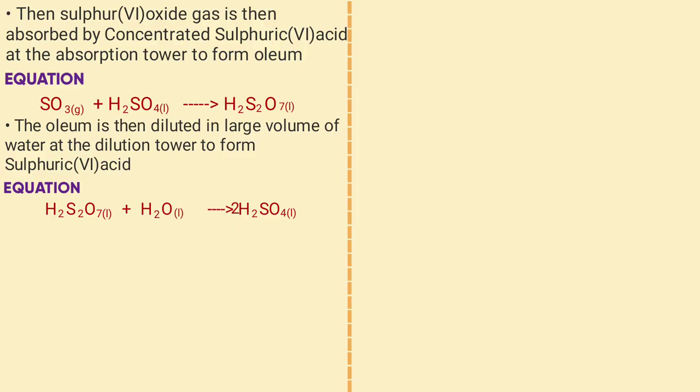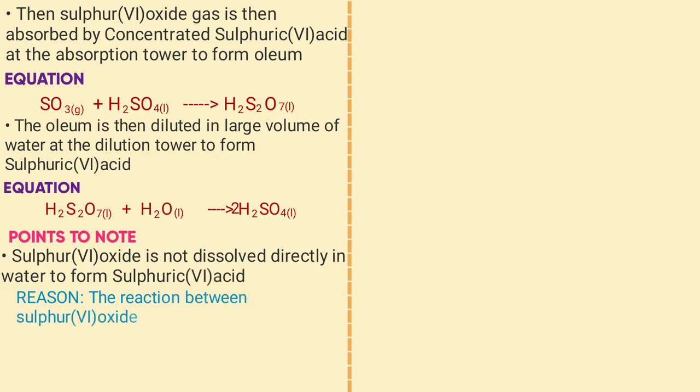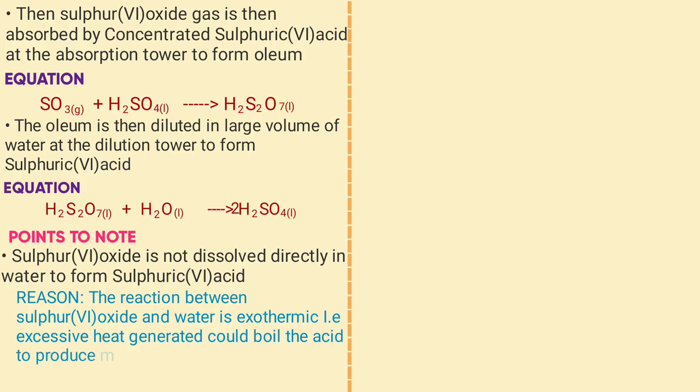Now, note the following things. Sulfur trioxide is not dissolved directly in water. Reason: the excessive heat produced. The reaction between sulfur trioxide and water is exothermic, i.e., the excessive heat generated could boil the acid to produce a mist of fine droplets of sulfuric acid in air.